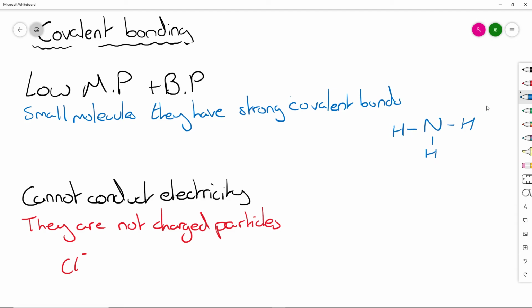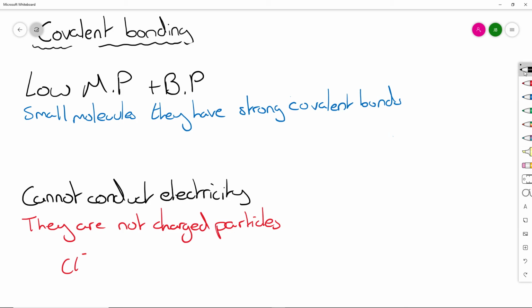If we break this bond, we haven't got NH3 anymore, we haven't got ammonia, we've got NH2. That's something completely different. If we broke all of them, we'd have N plus H plus H plus H. It's not ammonia anymore. So it's not these things that we're breaking down. Because if we had to break them down, it would take a lot of energy because they are strong, and therefore they'd have a high melting point and boiling point.